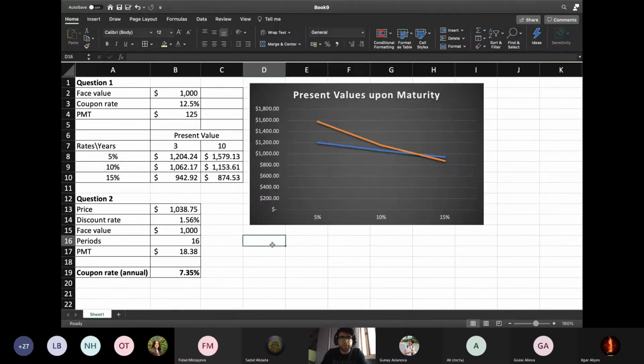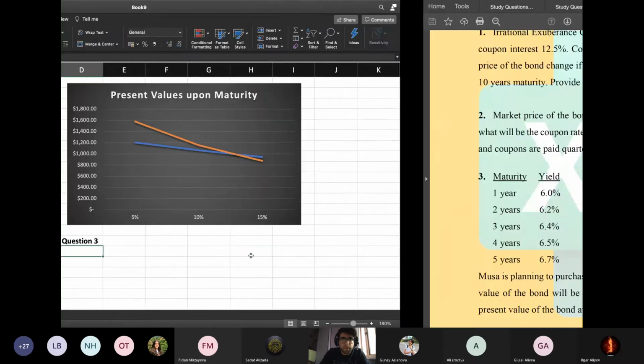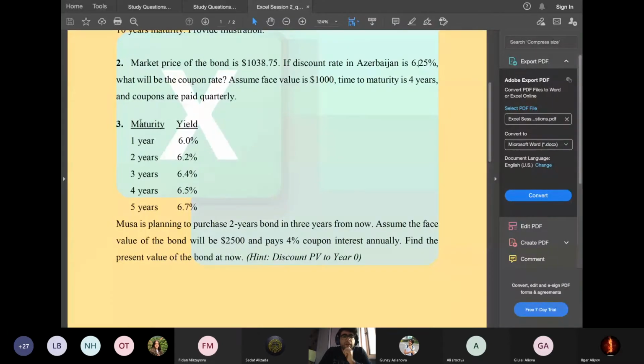We have an interesting question here. Question 3. We have a table here with maturities 1 year, 2 years, 3, 4, and 5, and yields.